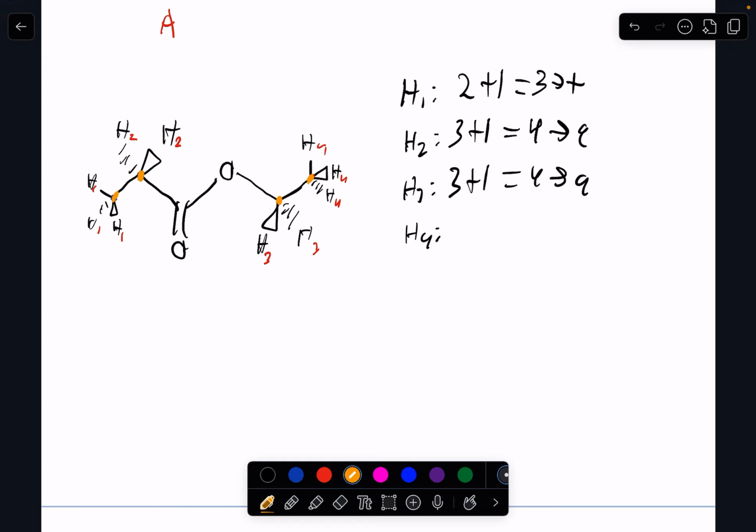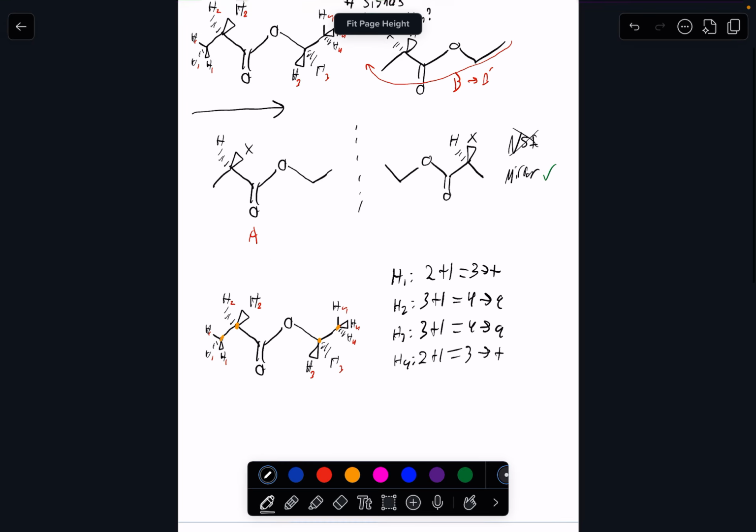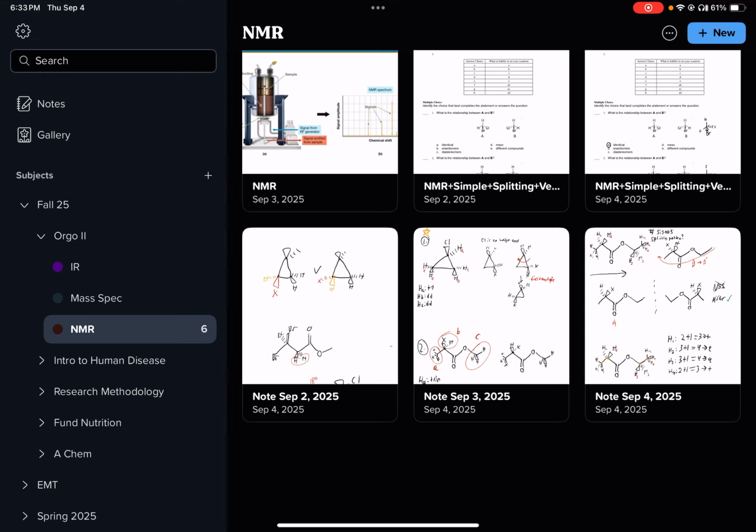I realize that there are 2 protons attached to this carbon. Therefore, it will be 2 plus 1, n plus 1 rule, 3, which is a triplet. And I'll put all this together just for a second. Okay, let me see.